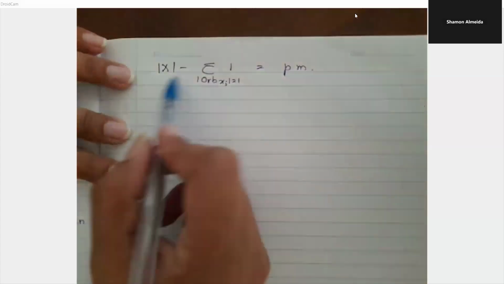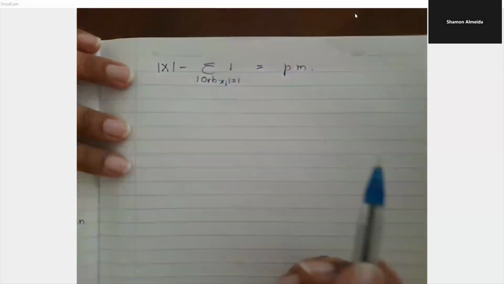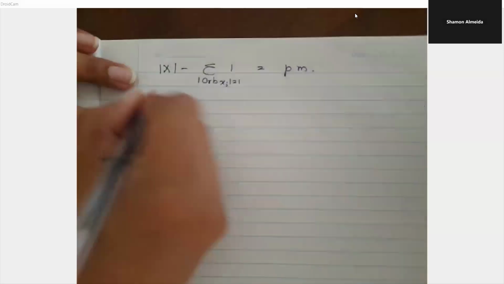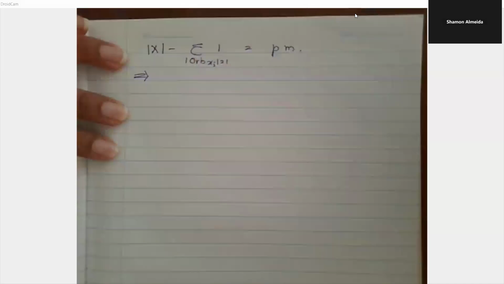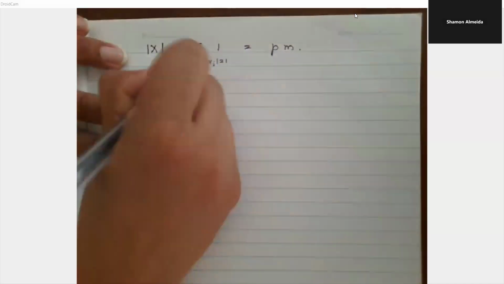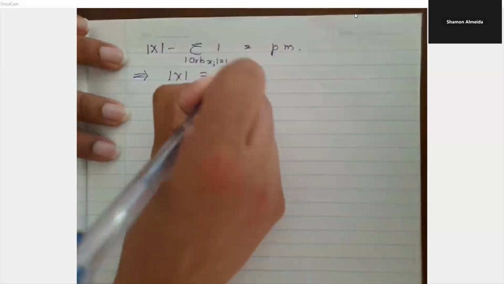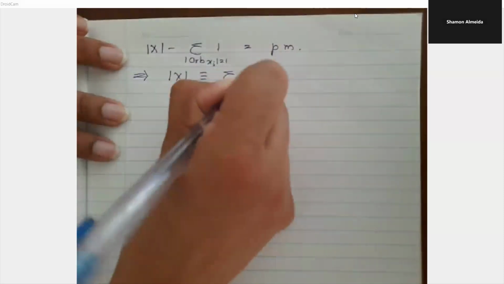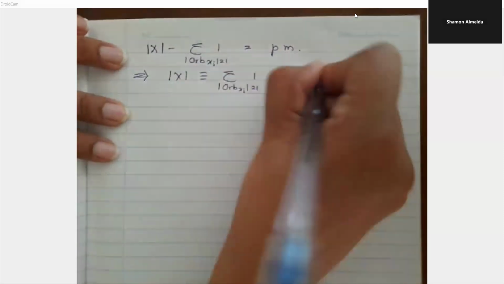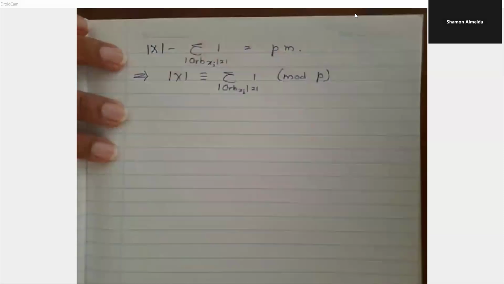Over here, p divides this difference, the order of X minus this quantity. So this implies the order of X is congruent to this summation modulo p.